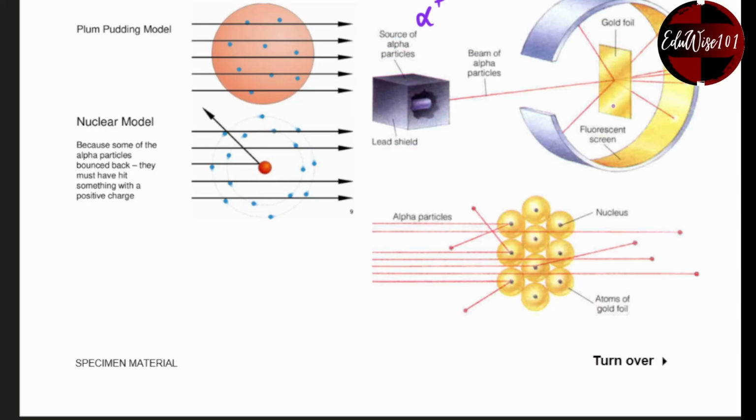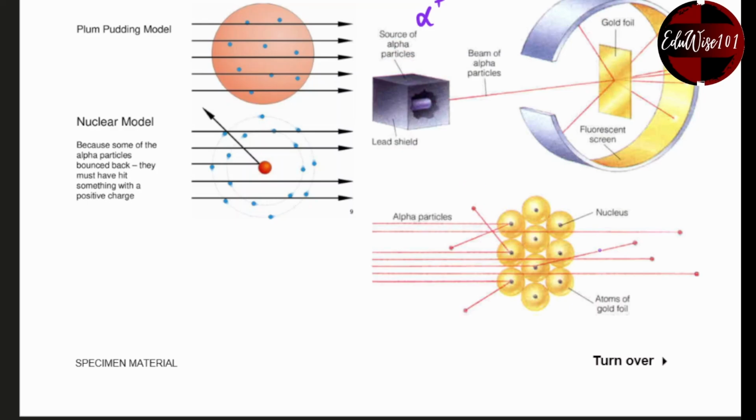If you look at a gold foil from the front or the side, there are layers of atoms, and you're letting the alpha particles go in straight lines. What was observed is that most of the alpha particles literally went through the gold foil. A few of them, in fact, literally bounced right back.